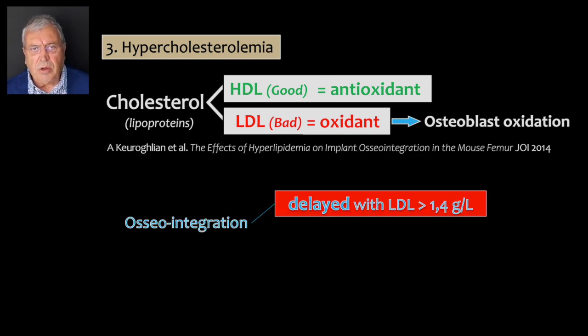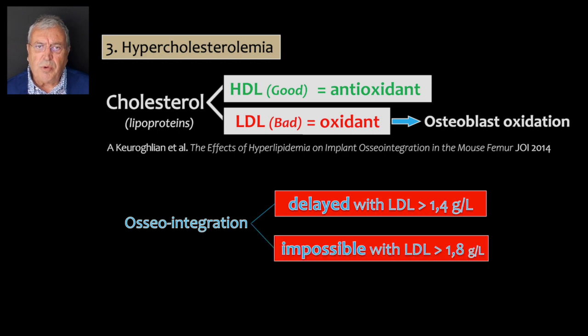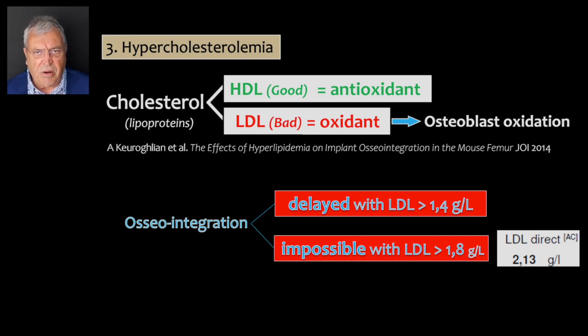So if the cholesterol is above 1.4 gram per liter, the osseointegration will be delayed. But if the cholesterol is above 1.8, I want to tell you that even in dreams, you will never meet osseointegration. This kind of level is totally inducing complications and failures.